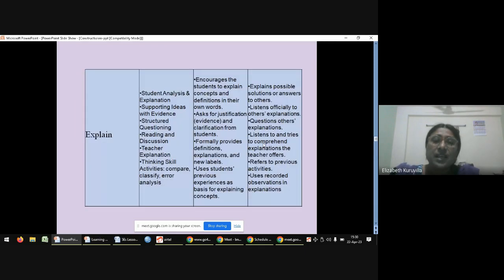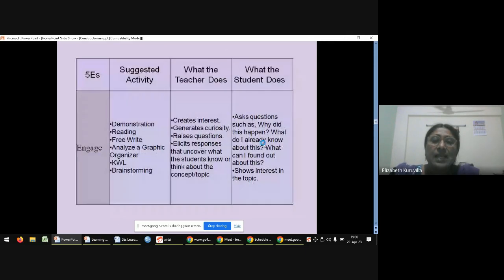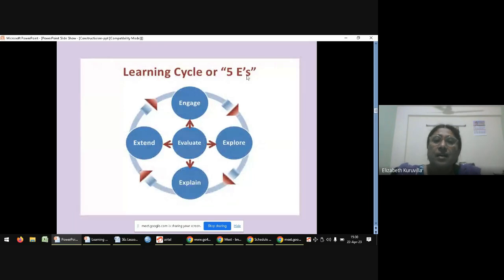So we have seen the 5 E's of this constructivist lesson plan. When you check on the internet, now there are 12, 16 E's. But this is the basis of the E's, 5 E's. That is engage, explore, explain, extend, evaluate.